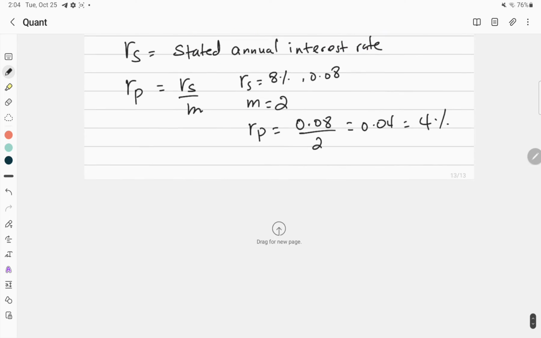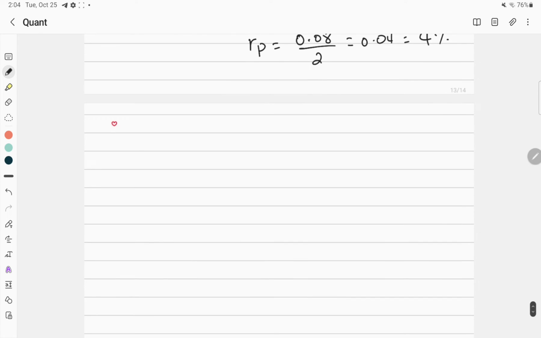So let's just restate that here. You have a present value of $1 with a stated annual interest rate of 8% compounded semi-annually, which will give you a future value at the end of the first year.